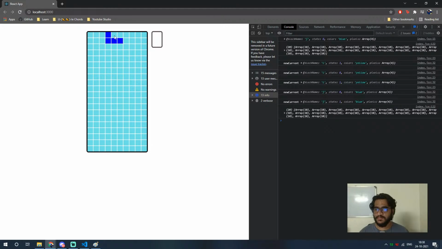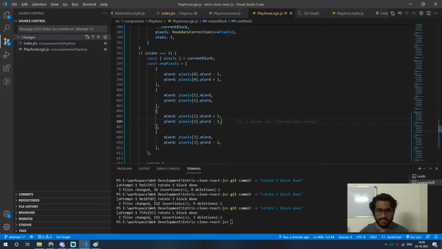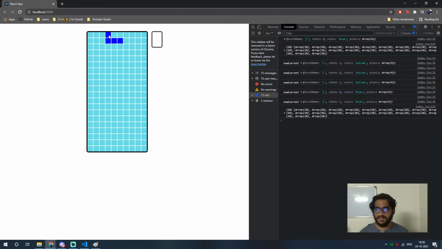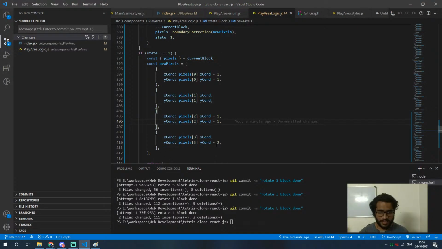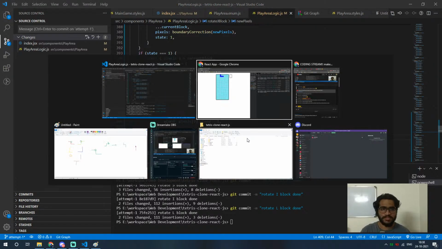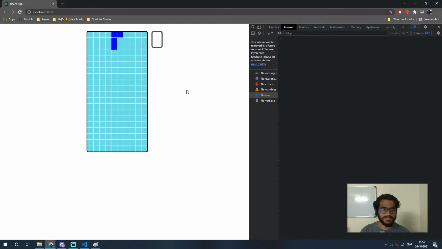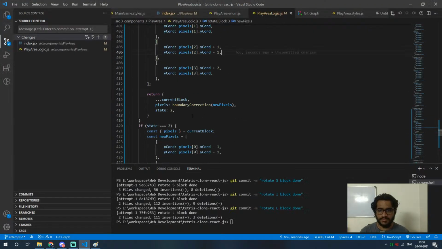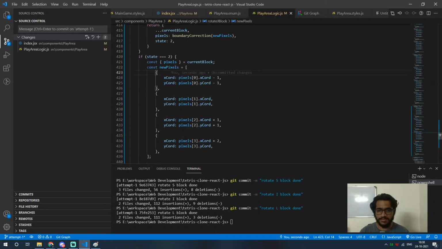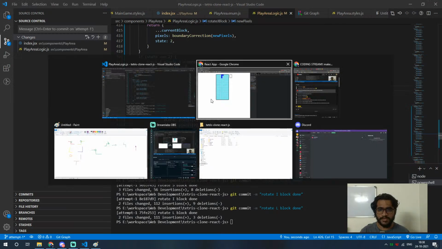Plus 1x and minus 1y, plus 1x minus 1y, and this would be plus 2x. It would remain the same, right? Because these two blocks look alike, just a little asymmetrical. So their values will also follow a pattern, I think.